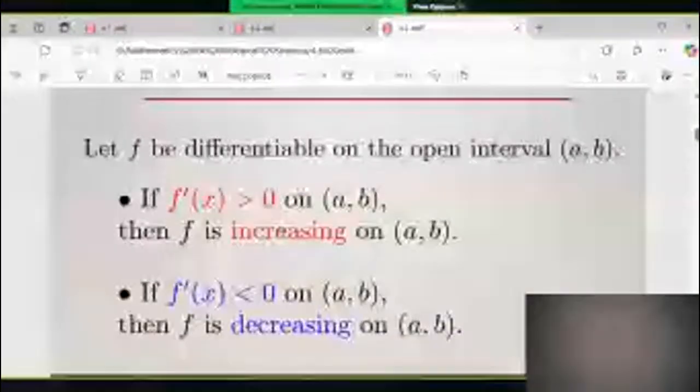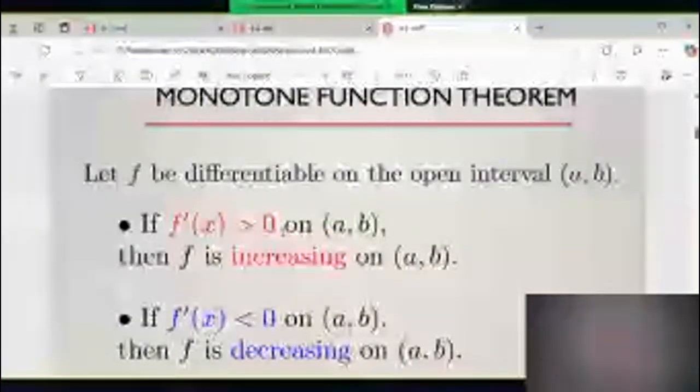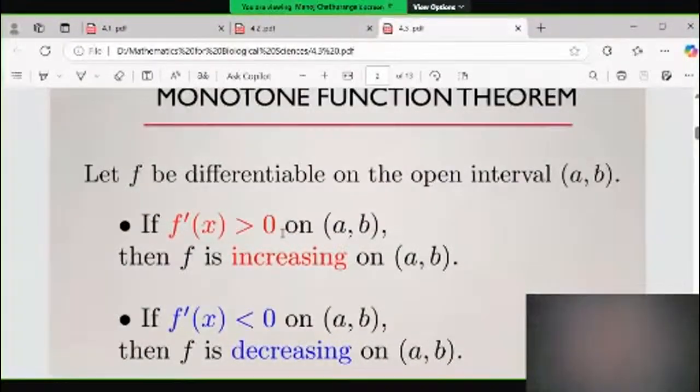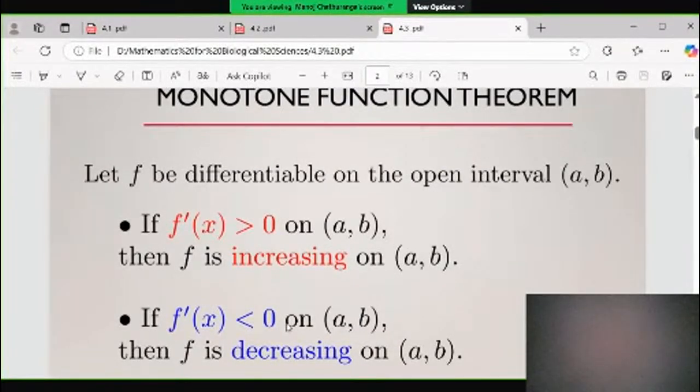We already talked about the relationship between the nature of the function and the derivative. If the derivative is positive, the slopes of the tangent lines are positive, and the function is increasing. When the derivative is negative, the function is decreasing.